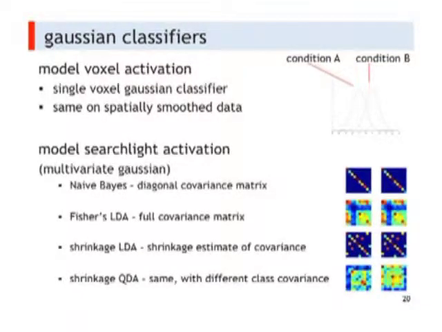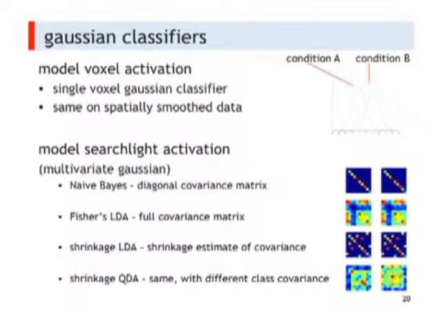Shrinkage LDA is pretty much the same classifier with one extra, which says you don't really estimate a full covariance matrix because you rarely have enough data to do so. What you do is estimate a diagonal covariance matrix as in naive Bayes, and if there's support in the data for considering more voxels or more interactions between voxels, then you add those too.